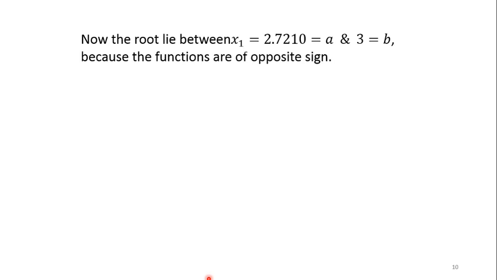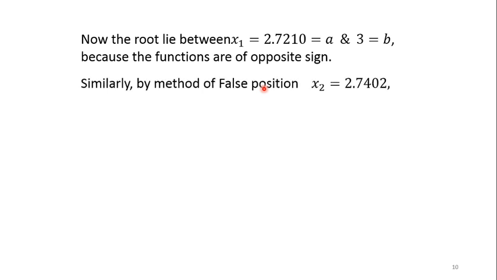When you repeat this method a second time, now the root lies between a, that is this x1, and b, because the functions are of opposite sign. Similarly, by the false position method you apply this formula here, and x2 you get 2.7402. So you still have the same answer only in the first place of decimal.